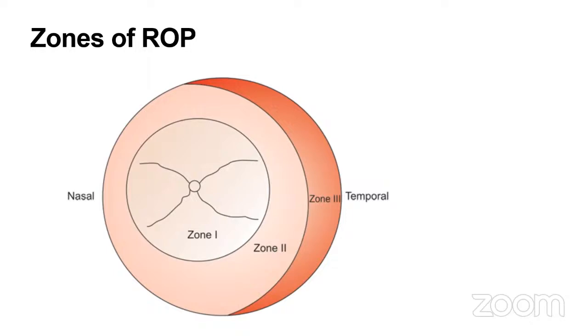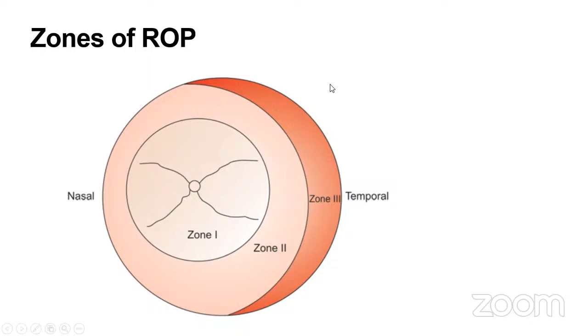If you draw the circle, the zone which is formed is called zone 1. Zone 2 extends from the nasal end of zone 1, with the radius being from the nasal end of zone 1 to the nasal ora serrata. When you draw the imaginary circle, that zone becomes zone 2, and the temporal retina beyond zone 2 is called zone 3.